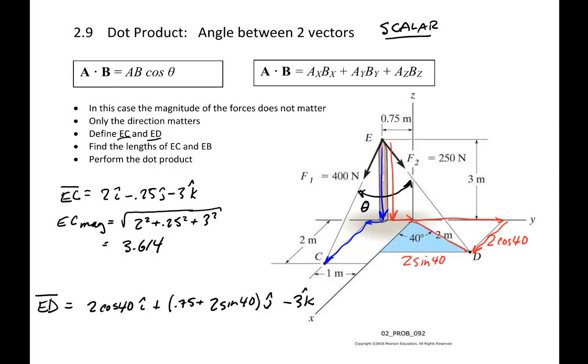Okay, there's our vector description of ED, and I'll just go ahead and do that multiply for you.